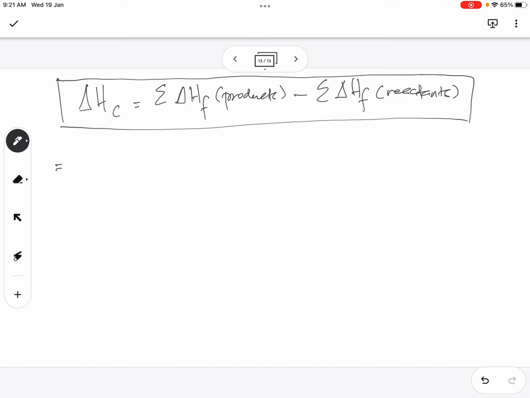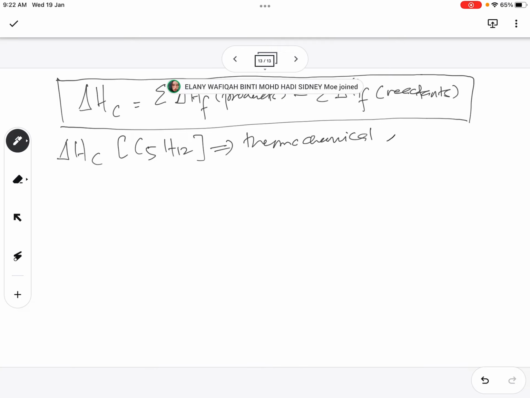Okay. To know the products and reactants, we have to know the equation first. What I say is, we have to know the enthalpy of combustion of C5H12. Ini kena tahu dulu. What is the thermochemical equation?